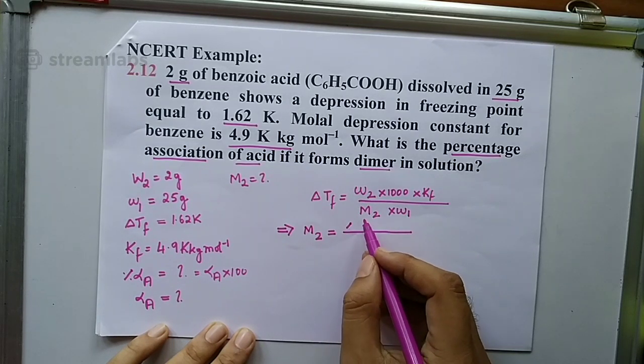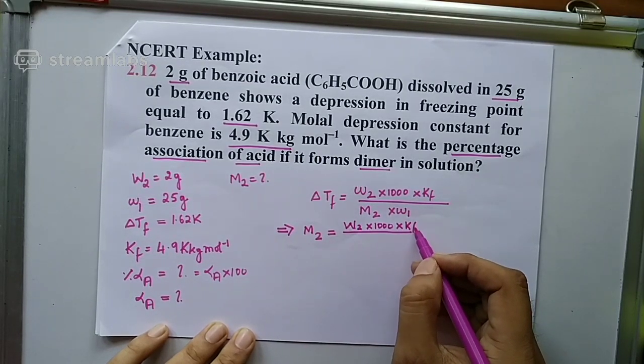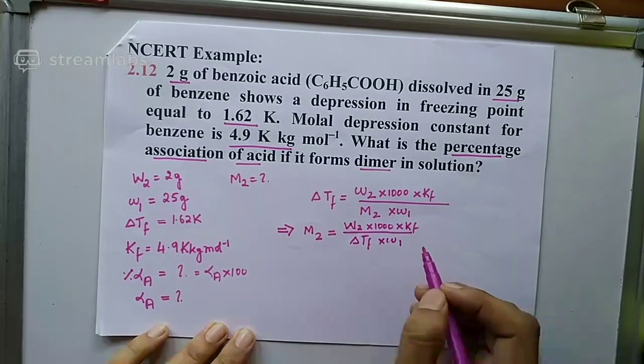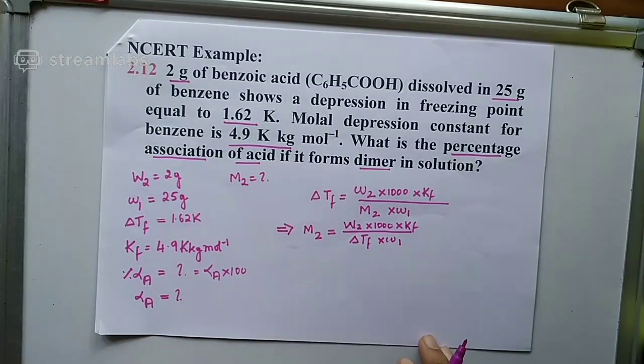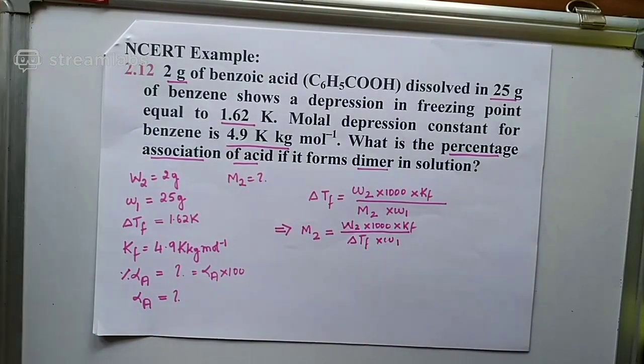M2 will be equal to W2 into 1000 into KF divided by delta TF into W1. So experimentally the value of M2 can be calculated. We have to substitute all the values.